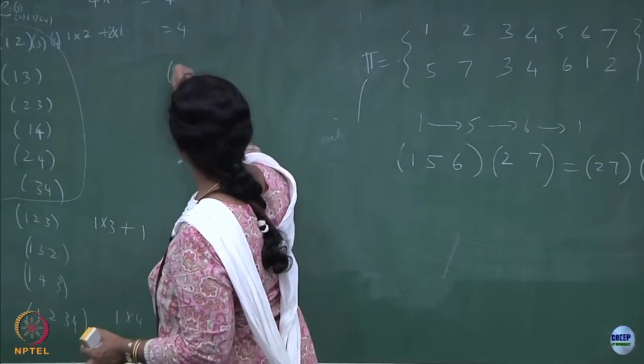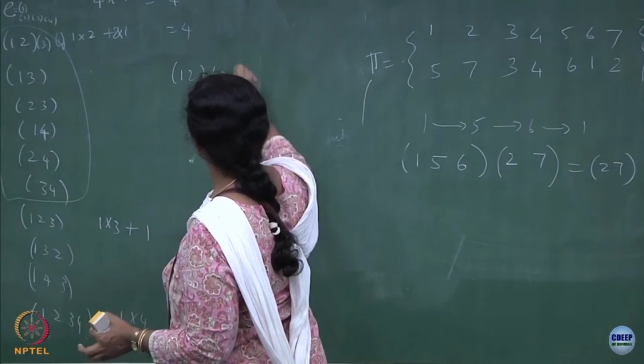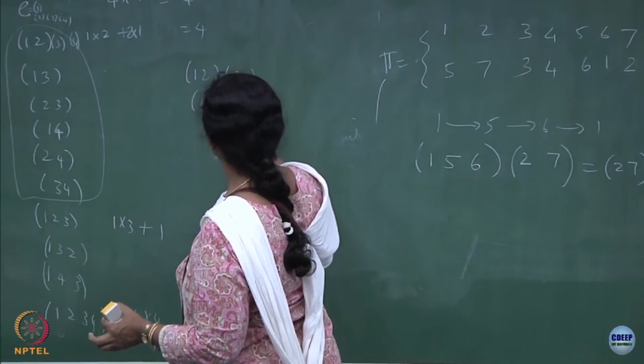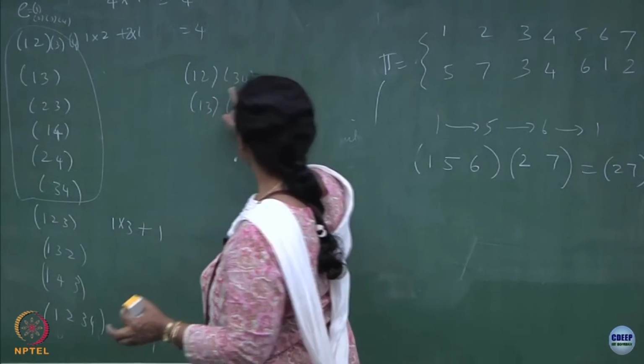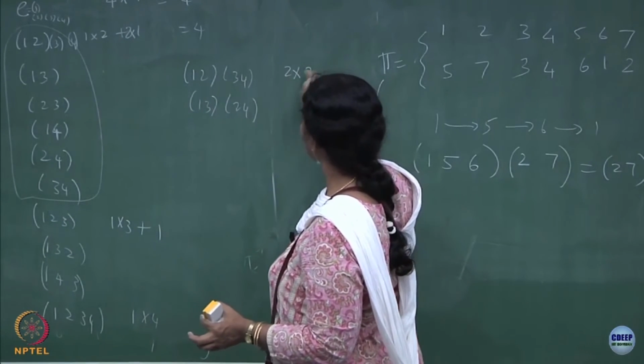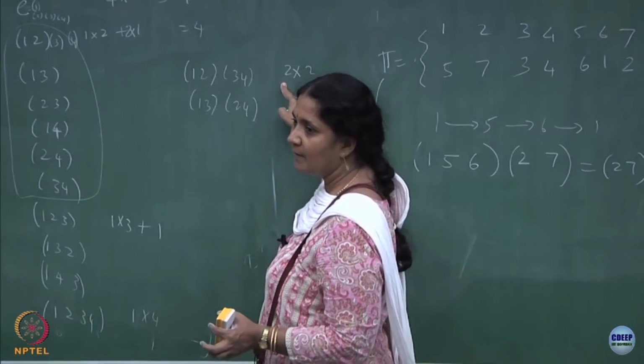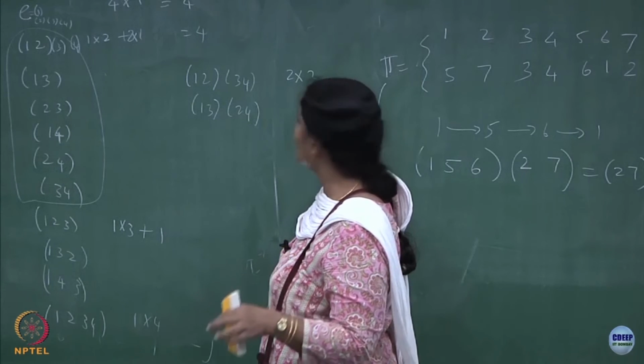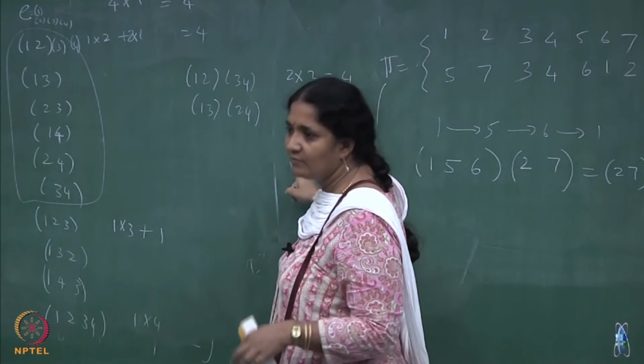No, it is different, right? Good point. I have not listed everything. So, you can have a 1 2 and a 3 4, you can have a 1 3 and a 2 4. So, this one will be 2 into 2, 2 cycles 2 of them and no other 1 cycle. This will also be 4, this is also there.